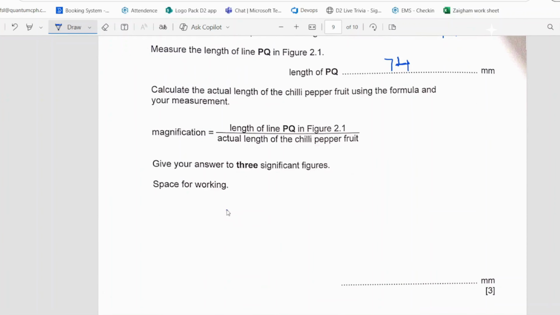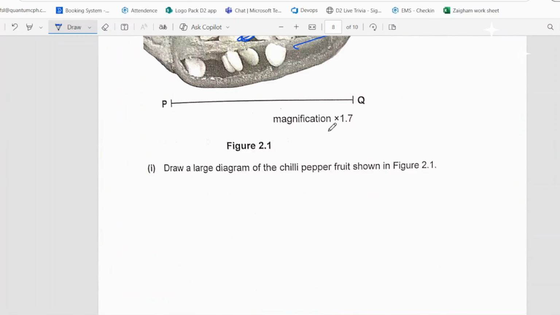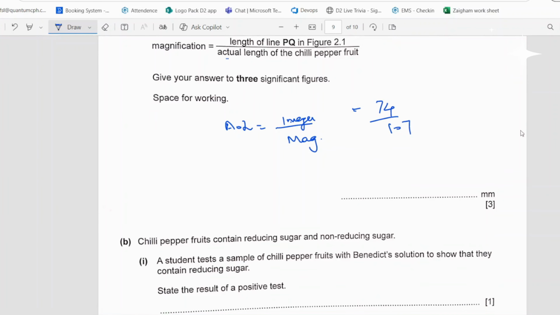Actual length is equal to the image size, or the length of PQ, over magnification. So it would be 74 divided by the magnification given, which is 1.7. So divide it by 1.7. How many significant figures are required? 3. So your answer is correct, 43.5.